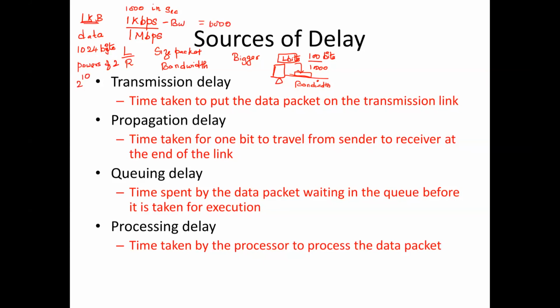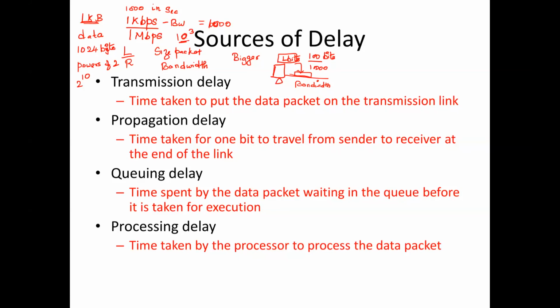These are two important points you have to remember while solving problems. When I say data, 1K represents 1,024. When I say bandwidth, it represents 1,000. Got it? Now bandwidth is linked with frequency, so it is always represented in terms of decimal numbers.